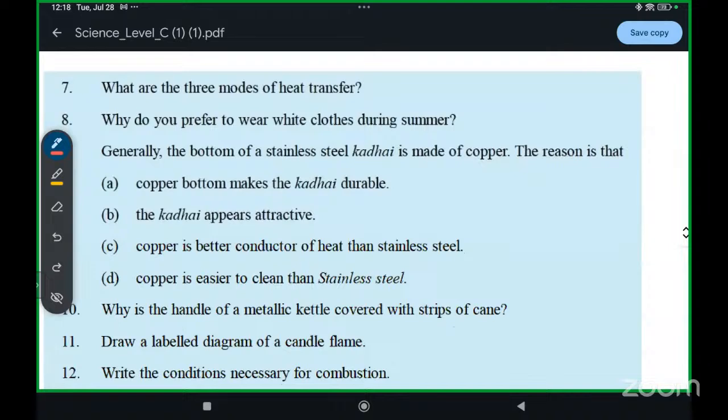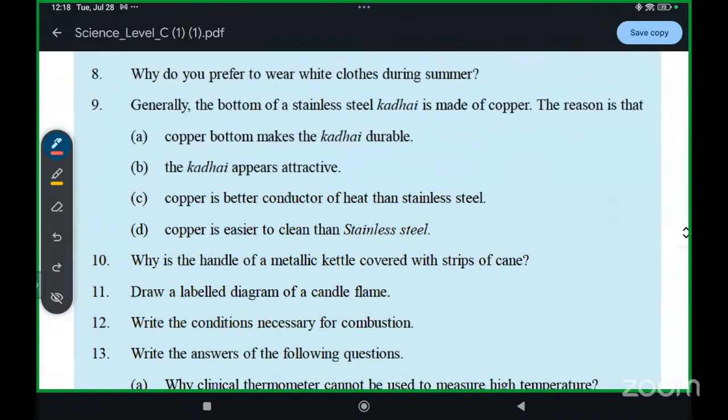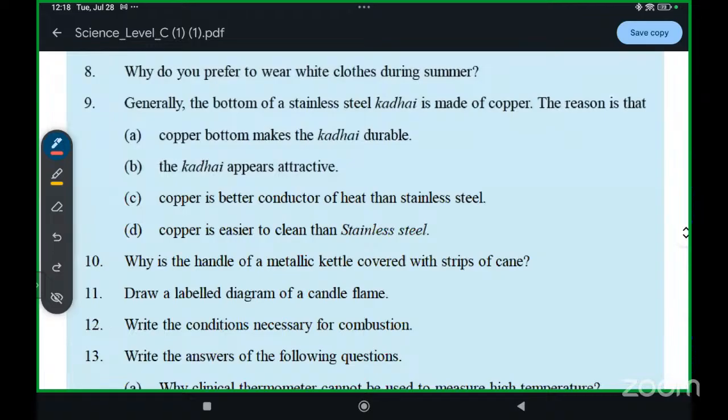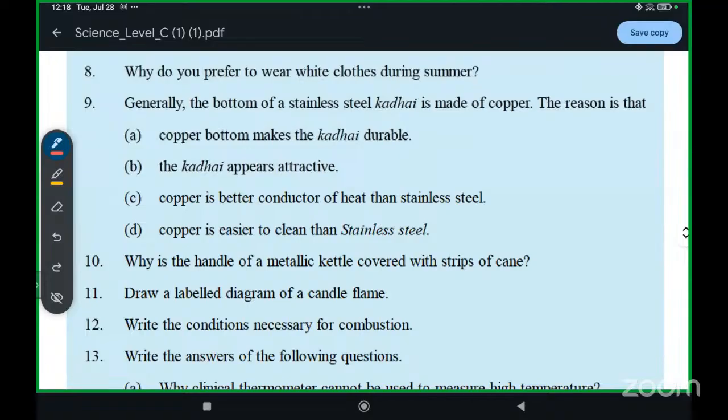Generally, the bottom of a stainless steel karai is made of copper. The reason is that, Hannah, because copper is a better conductor of heat than stainless steel.